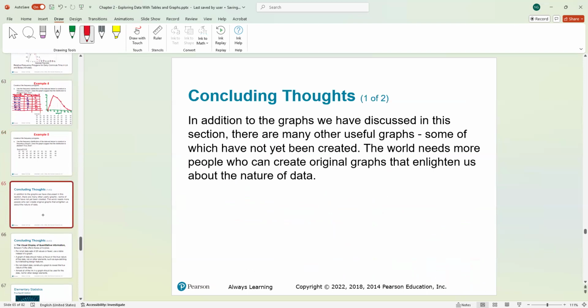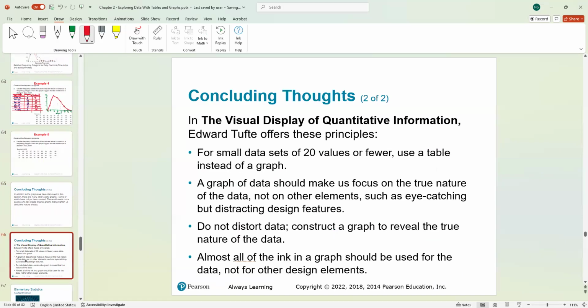But in closing, in addition to the graphs we have discussed in this section, there are many other useful graphs, some of which have not yet been created. So the world needs more people who can create original graphs that enlighten us about the nature of data. In The Visual Display of Quantitative Information, Edward Tufte offers this principle.